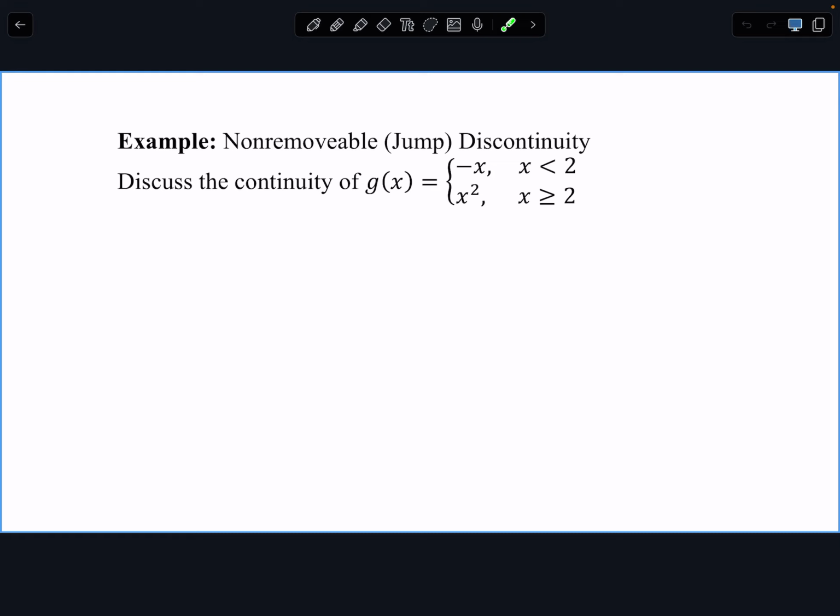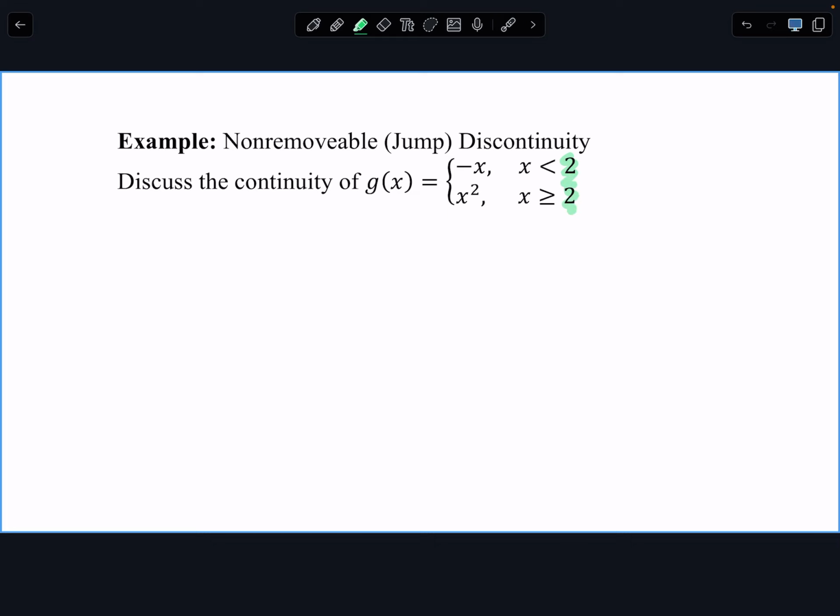But because this is a piecewise function, there actually could potentially be a point of discontinuity where the domain switches. So we are going to focus our discussion on x equals 2. Do we follow that?